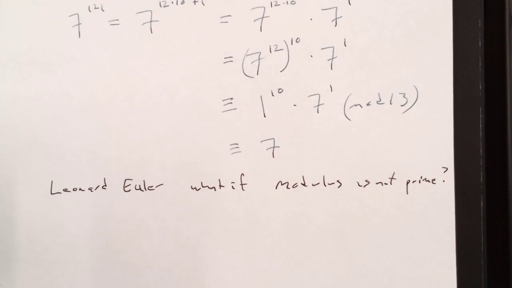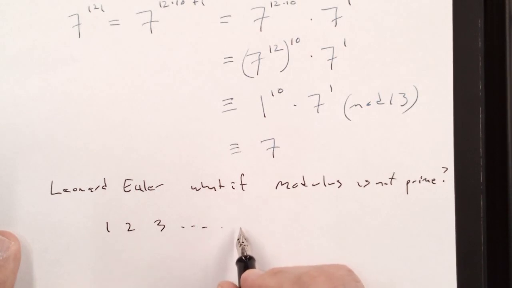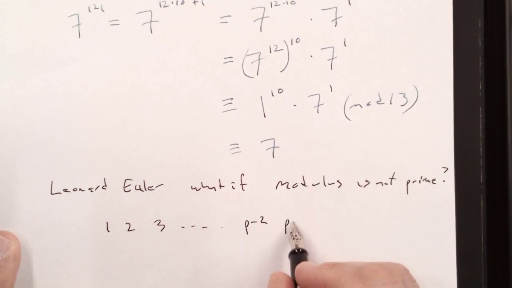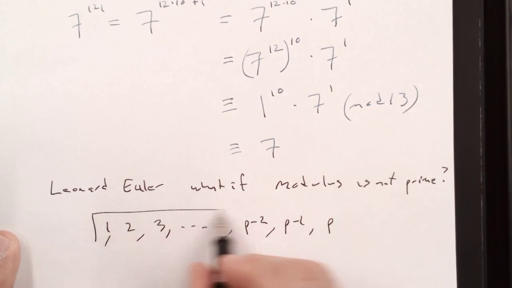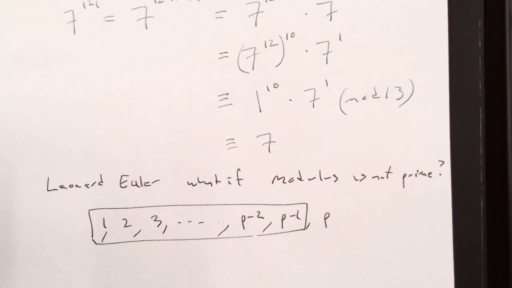What Euler noticed is that if you think about all the numbers less than a prime, the greatest common divisor with the prime is 1.